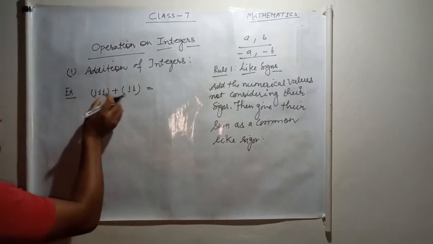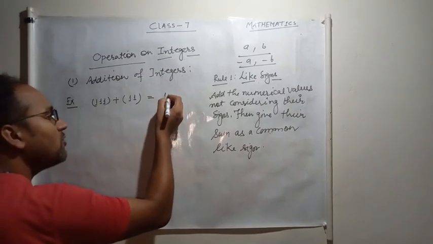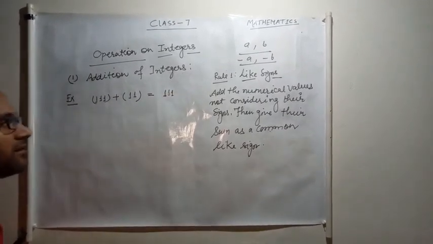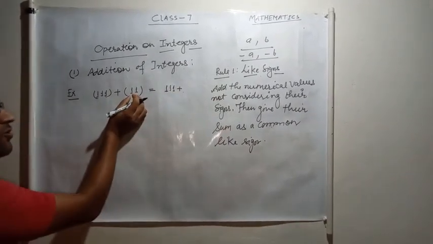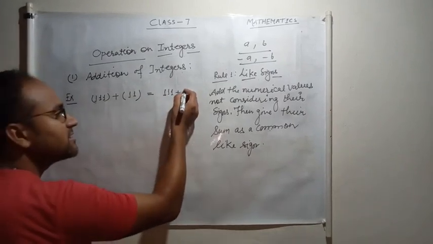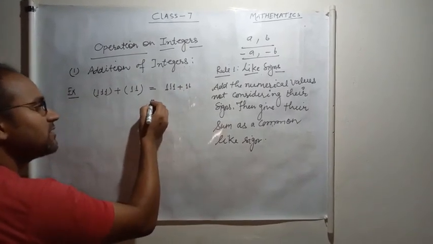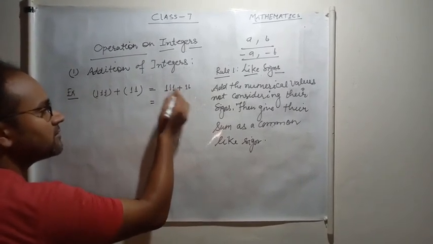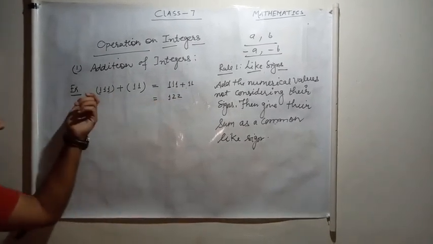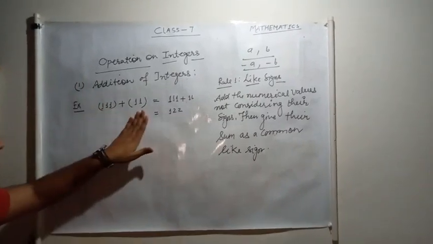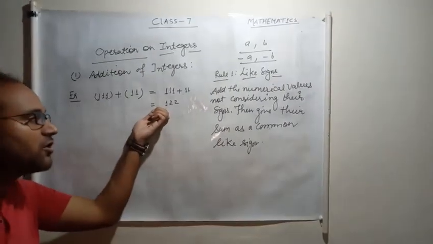Without taking their signs, I take the numerical value of 111, which is 111, and plus is there. Then the numerical value of 11 is 11. If we add this, we get 122, and the common sign is positive, since both are positive.